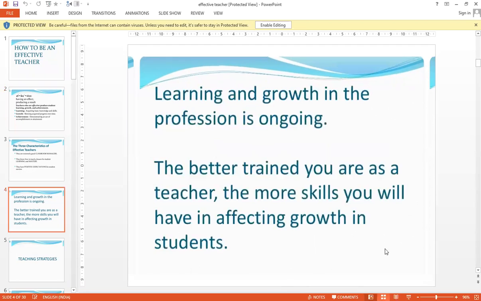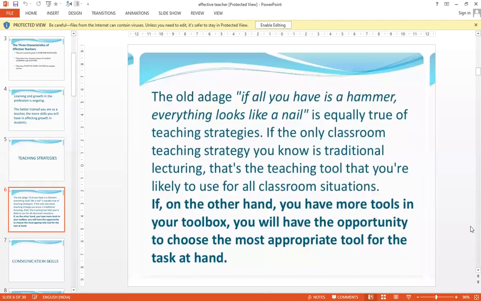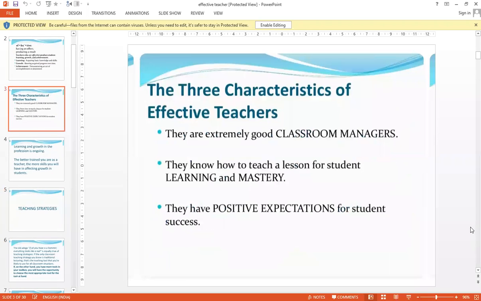Now let us go on to the next. We have the characteristics of effective teachers. Let us see what the characteristics of effective teachers are. The first is that they are extremely good classroom managers.